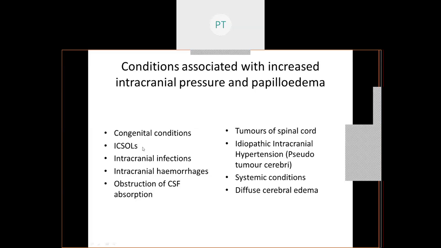Space occupying lesions of the cerebellum, the midbrain, and the parieto-occipital region usually produce a higher percentage of papilledema. Then any intracranial infections like meningitis, then obstruction to the CSF absorption via the arachnoid villi, any tumors of the spinal cord, then idiopathic intracranial hypertension, also known as pseudotumor cerebri.